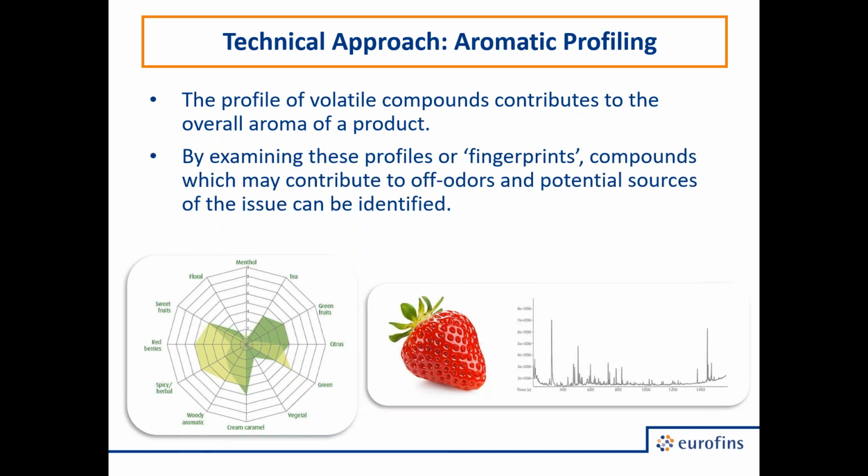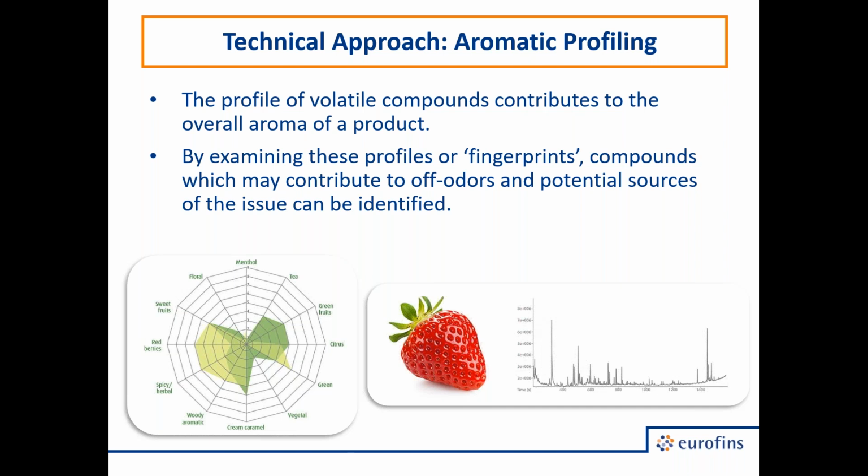And so we examine the volatile profile of a product to look for potential off-odor causing compounds. So we look at the profile of a product, which we sometimes refer to as a fingerprint, and use this to determine potential sources of off odors. And it's important to note that currently thousands of different flavor active compounds have been identified by scientists.